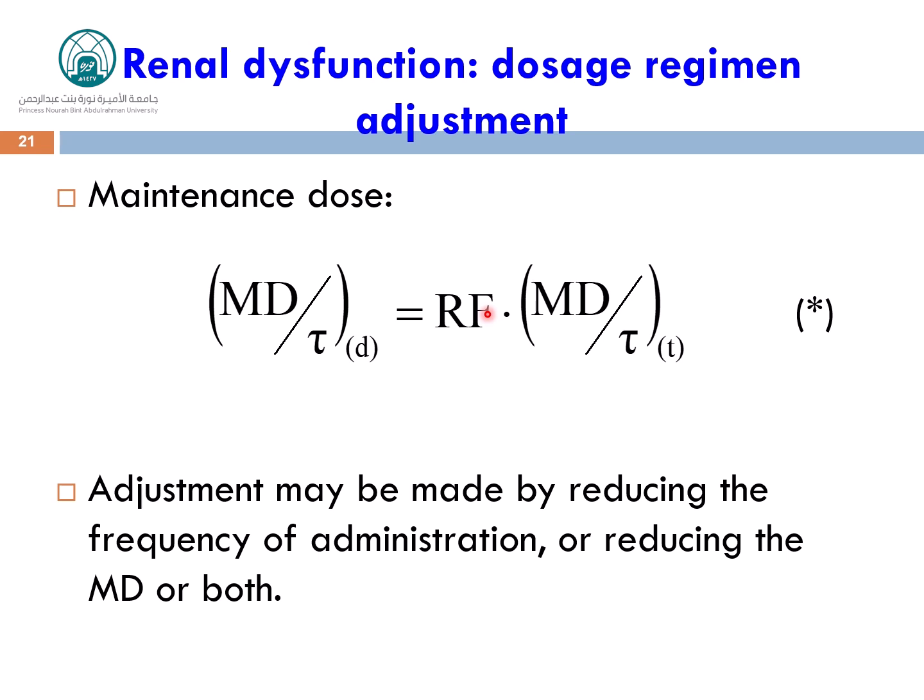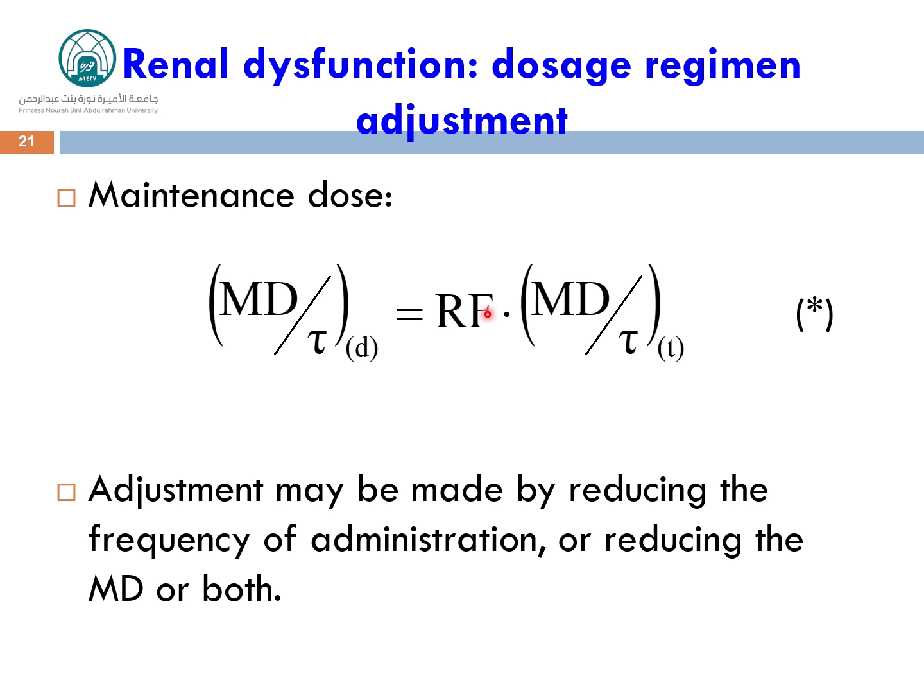Okay, so the maintenance dose at tau intervals, which is the dosing interval, for patients with kidney dysfunction equals the renal function multiplied by the maintenance dose by tau for a typical subject.